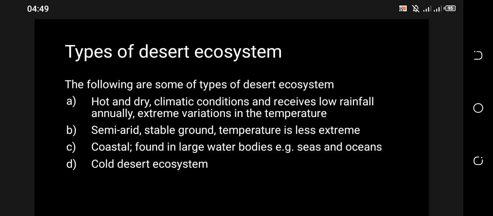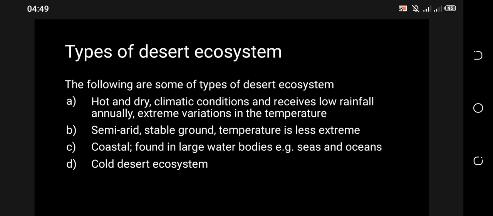This is where you find the coastal desert ecosystem. Just to elaborate a bit, besides receiving winter fog, the climate is hospitable. For example, the Namib in Africa and the Atacama Desert in Chile have a coastal desert ecosystem.